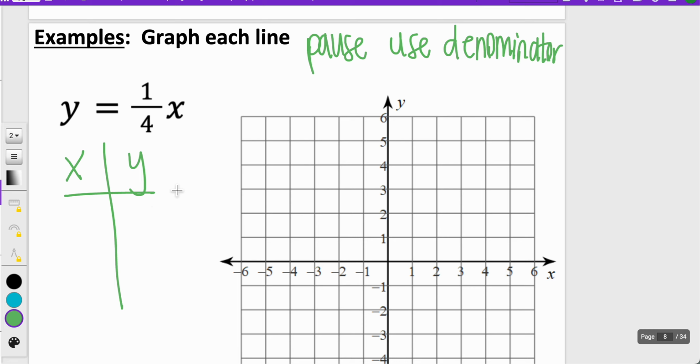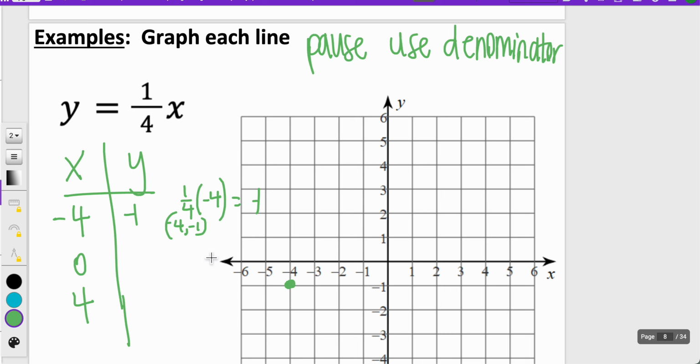All right, now that you've gotten a chance to try it on your own, the x values I would have used are 4s because 4 is my denominator. So if I did 1/4 times -4, I'm going to get -1. So this is -4, -1.